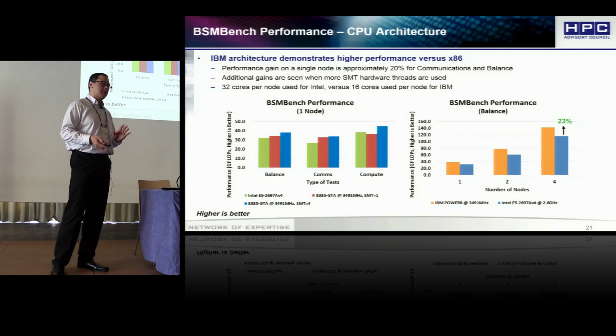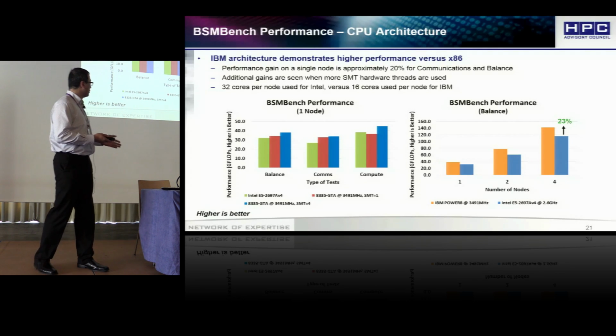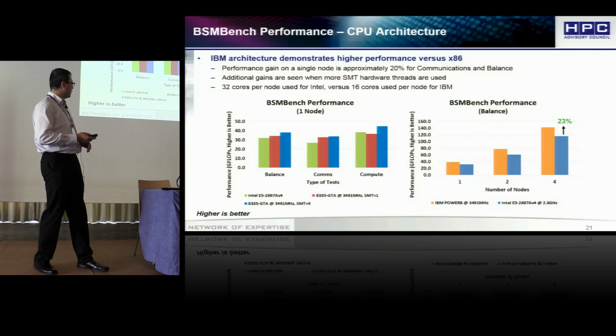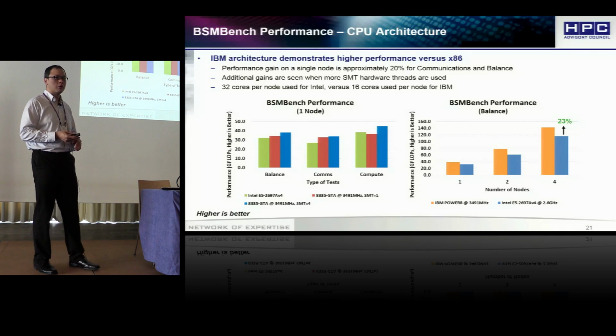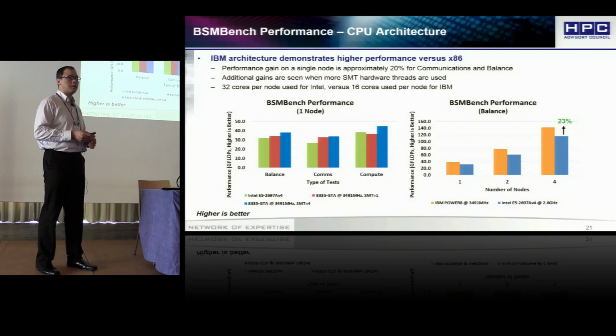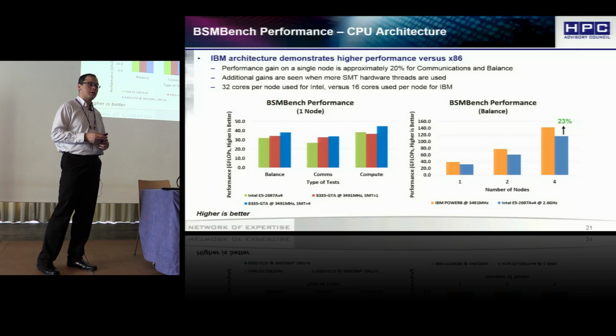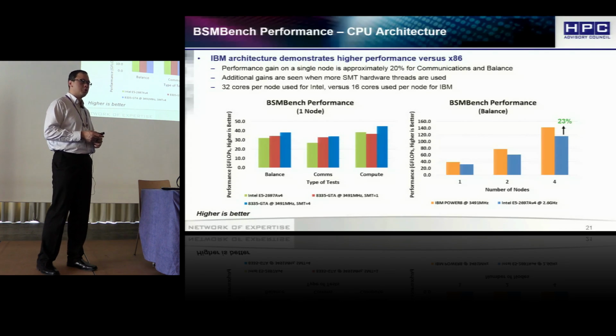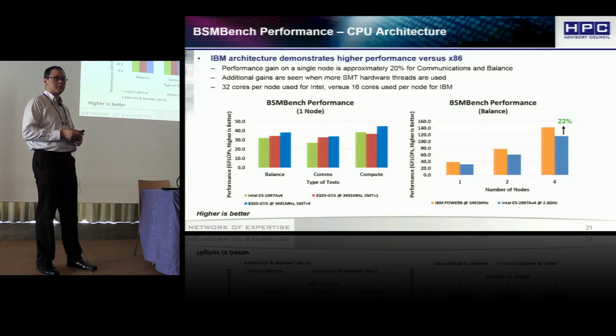So in the context of how it compares with Intel architecture, we also show you that with the E5-2697 v4, which is a Broadwell CPU with 32 cores per node at 2.6 gigahertz, compared to what we have with the IBM, that is 20 cores, but running at a high clock speed.